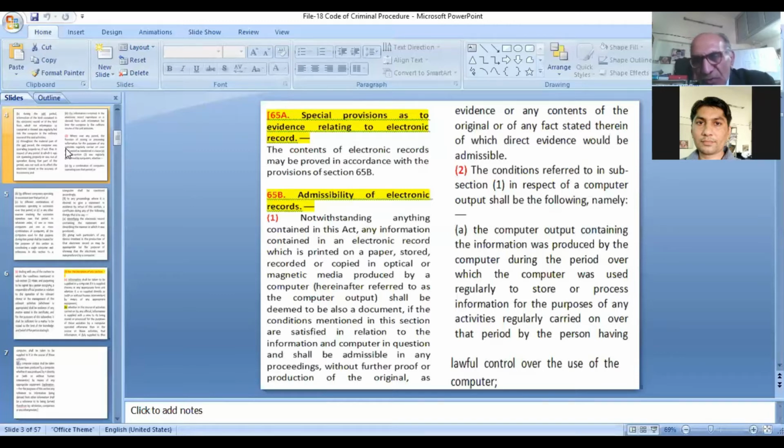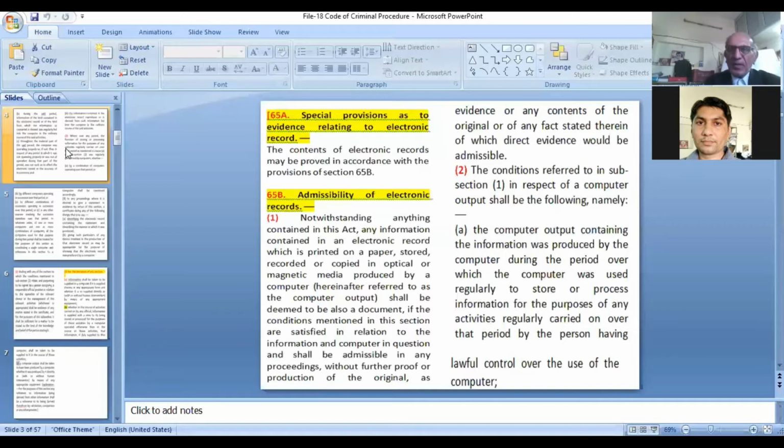There will be a computer, it is going to be used, it will be under lawful control, and the information is in the process of the regular activities.